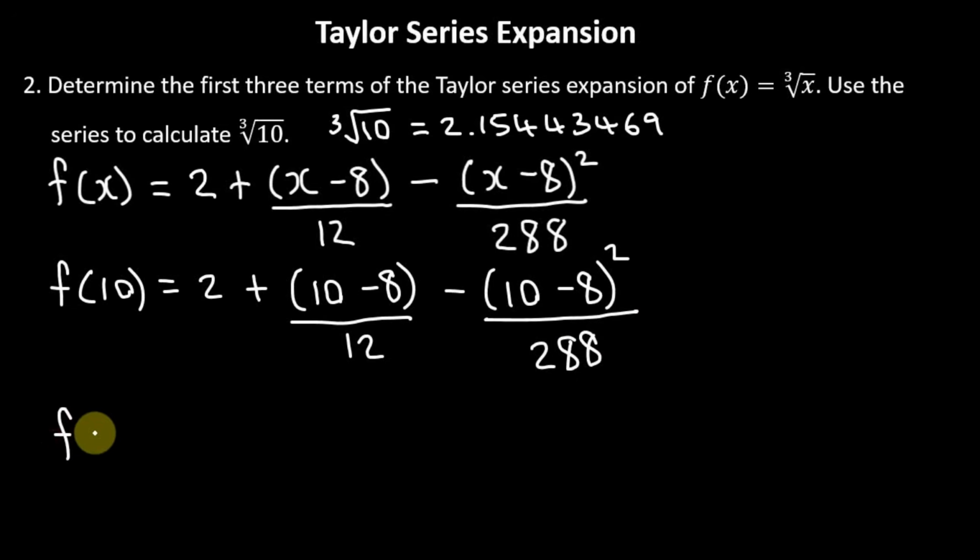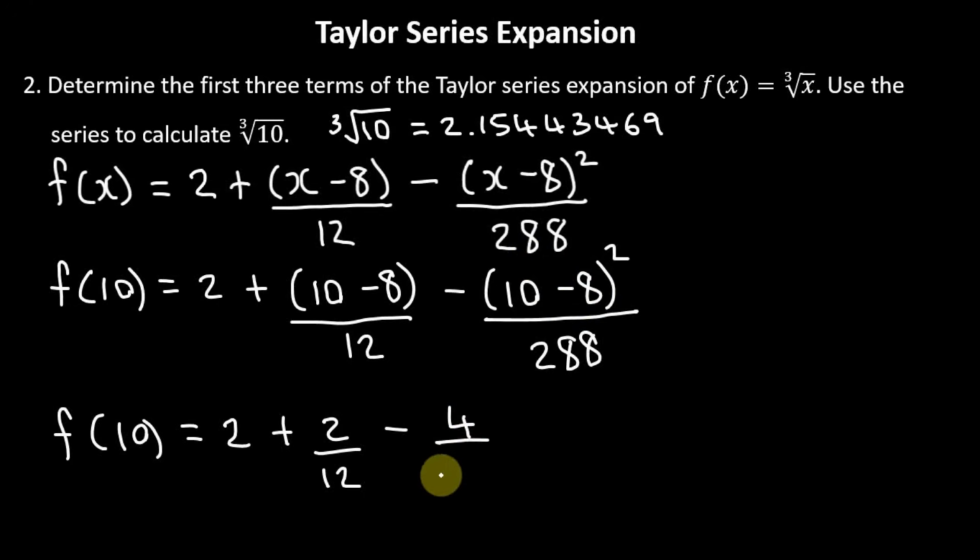Of course guys, again, we can clean this up a little bit. So we have 2 plus 10 minus 8 is of course 2, so we have 2 over 12 minus 10 minus 8 is of course 2. 2 squared is 4, so we'll have 4 over 288 here. And we can plug this into our calculator and get a value.